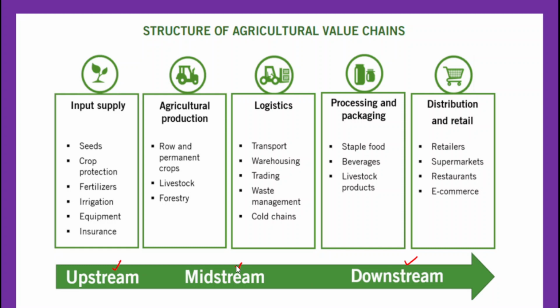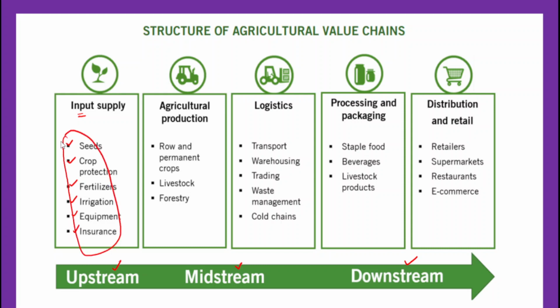So what comes under the upstream of the agriculture value chains? So firstly we need to talk about the input supply. Now as I have already told you what comes under the inputs, the inputs include seeds, crop protection, fertilizer, irrigation equipment and insurance. So all these factors are included in the upstream.